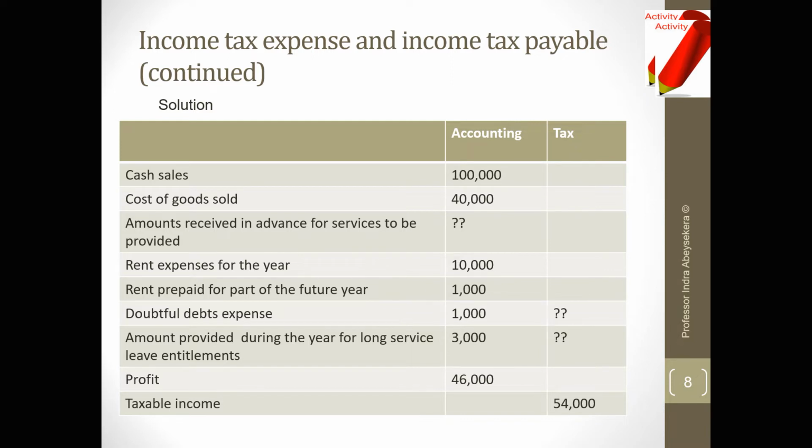Think about why we don't include that there, and then also think about for taxation purposes why we don't include doubtful debt expense and also amounts provided during the year for long service leave entitlement to come up with accounting profit and taxable income. Just another clue is that the taxation calculation is based on the cash receipts and cash paid.